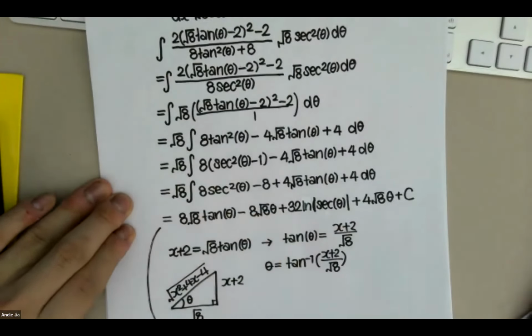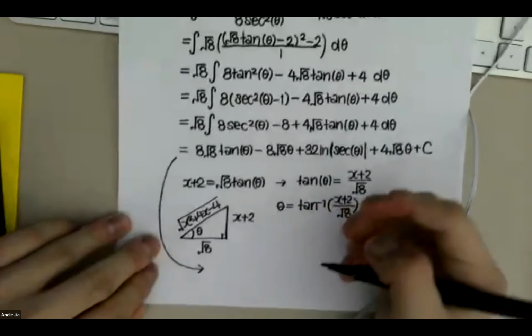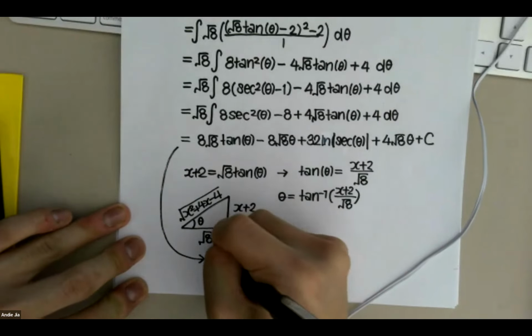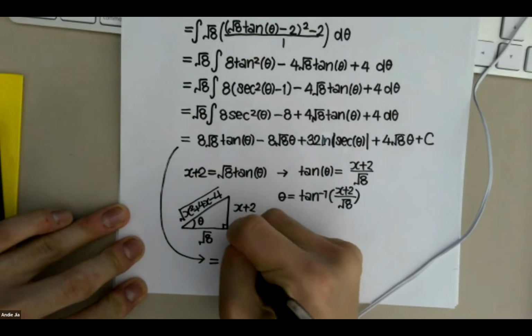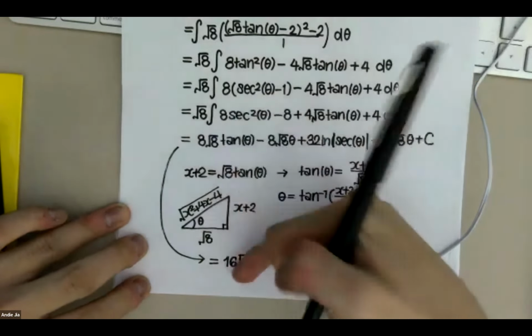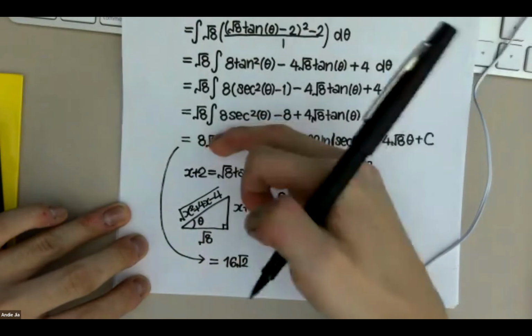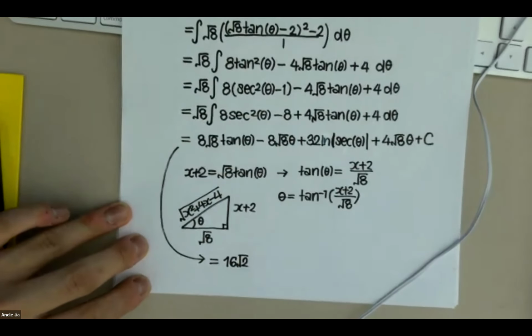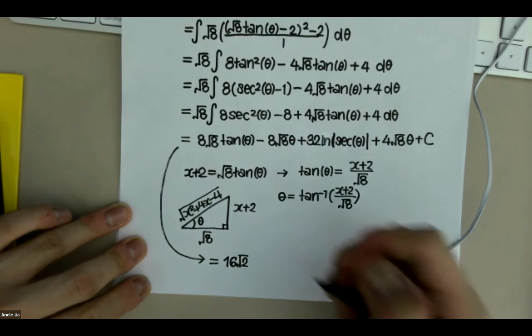So we jump back from there, and we have, well, they're the same actually, because square root of 8 is 2 square root of 2. The x square root of 8 is just 16 square root of 2. Does this make sense to you guys?